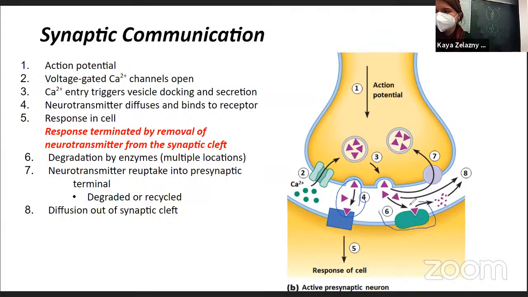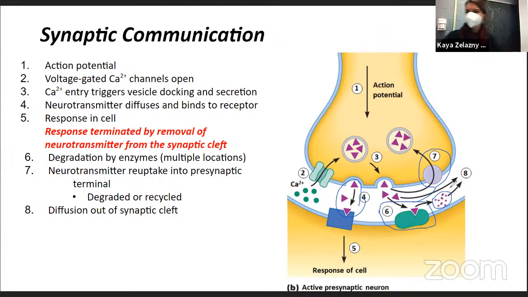That green thing was our enzyme on our postsynaptic neuron. So it breaks down neurotransmitter, right? And then we spit it out. The other thing that could be happening is reuptake. So number 7, pulling that neurotransmitter back into the original neuron, the presynaptic neuron.